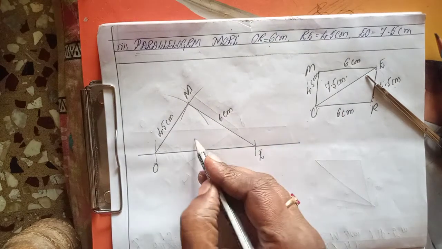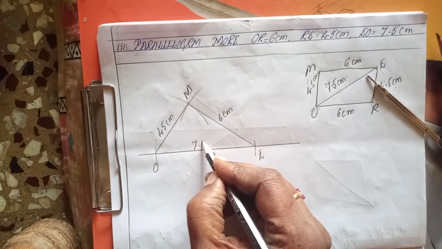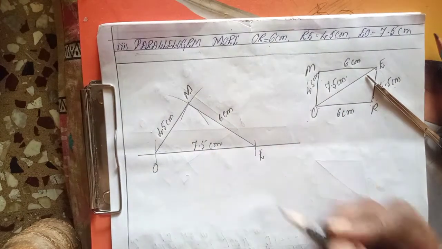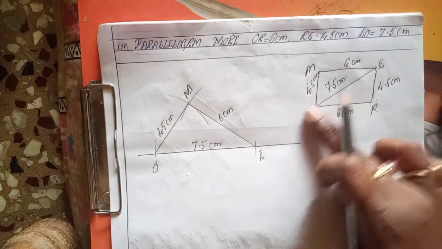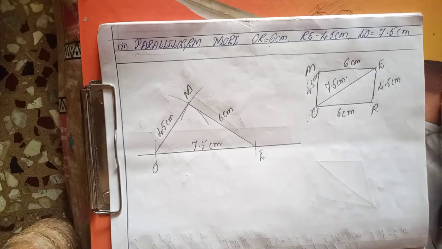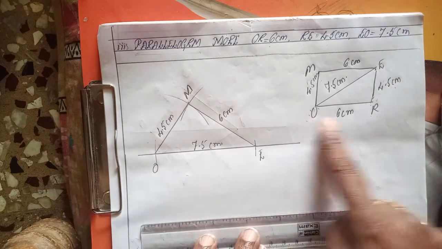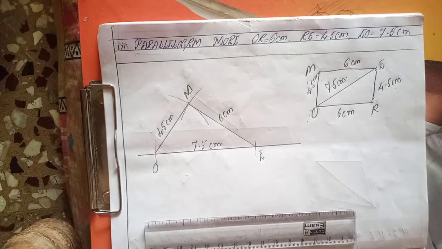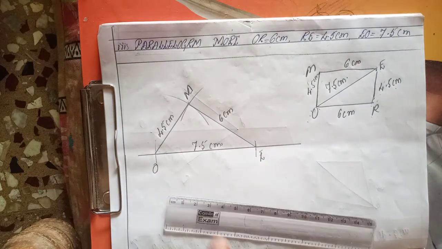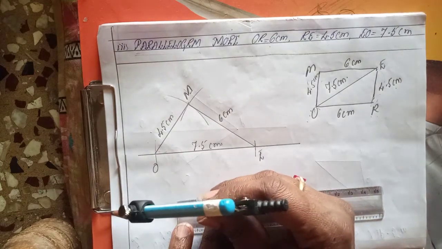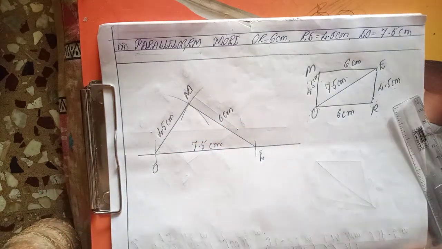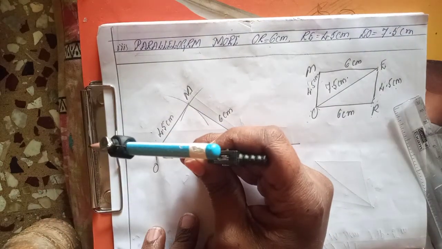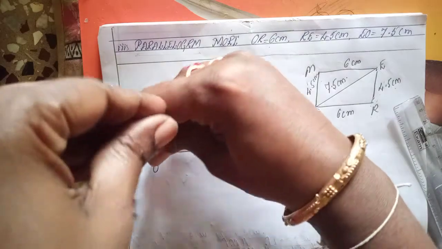Now here also we know that the diagonal is 7.5 centimeter. Now we are constructing the lower part of the diagonal, that is triangle ORE. Take the measurement of OR equal to 6 centimeter, nearly 6 centimeter like this. We know that opposite sides are equal in the parallelogram.